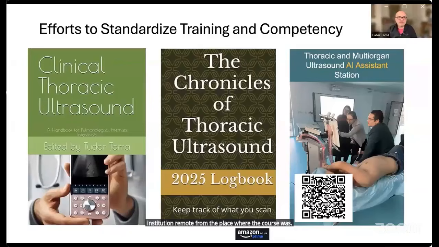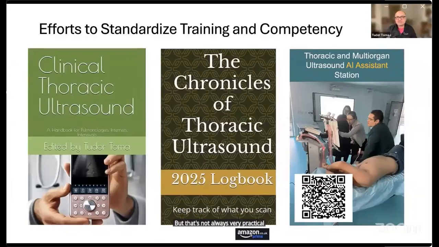And for example, the trainee will have additional questions, which are technical questions. How do I optimize this image and so on, which normally is resolved by maintaining contact with the faculty during the course, but that's not always very practical.